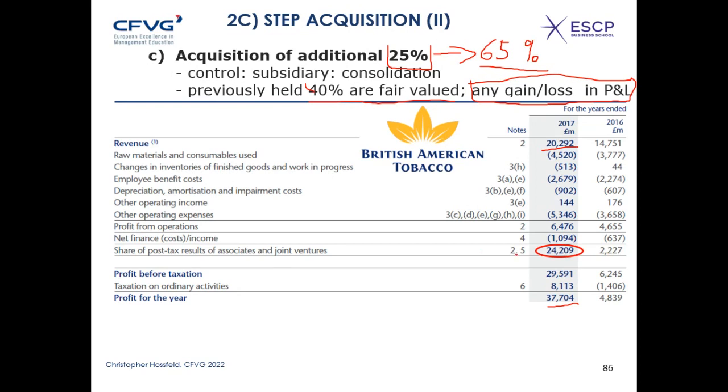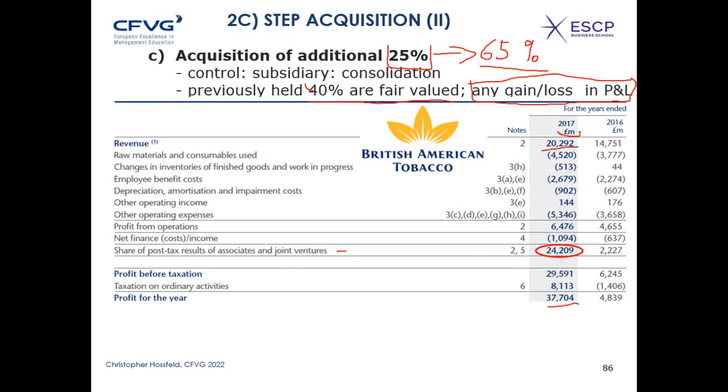Well, it's possible because of this line, share of results of associates and joint ventures, because British American Tobacco already owned some shares in Reynolds and they revalued them. That generated a revaluation gain of 24 billion pounds, and they were shown as a profit.